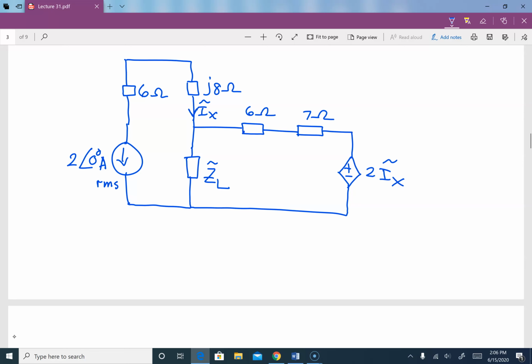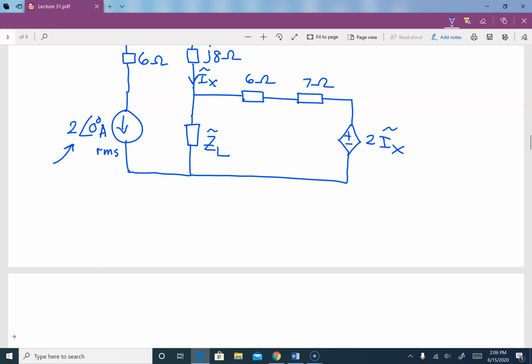So in this case, we do have the independent source given in RMS. So we have to pay attention for the final formula for our maximum power.